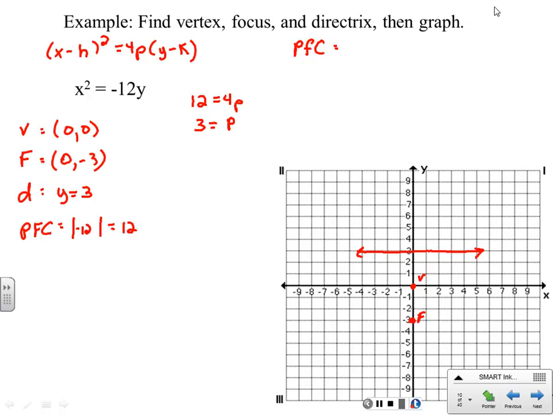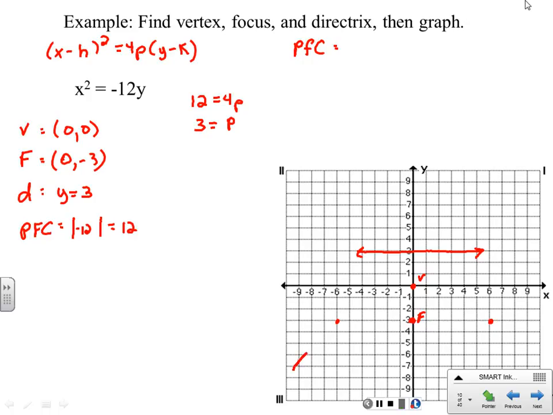Focus. Think about it. Primary focal chord goes off the focus. In the name. Okay? Primary focal chord goes off the focus. And so we're going to go off the focus 6 to the left and 6 to the right.